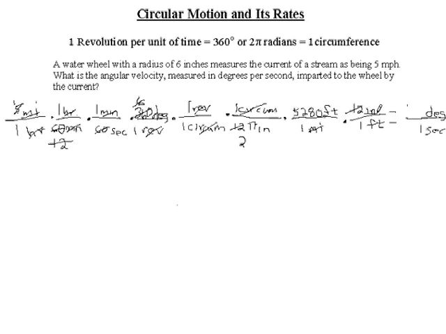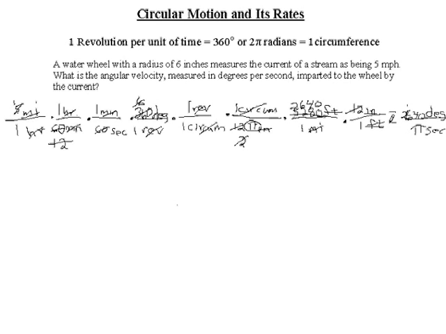We can cancel the inches with the inches, the feet with the feet, the 2 with the 5,280, and we still have the pi in the denominator and 2,640 degrees.